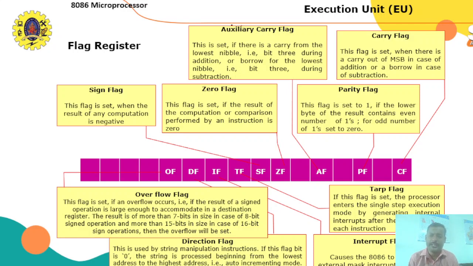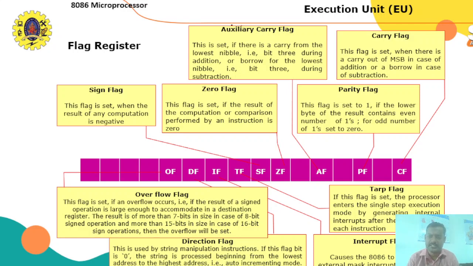How is it predicted? If you take the data bits D0 to D15, we consider the carry from D14 to D15 and from D15 to D16. If both have a carry, there is no overflow. Or when there is no carry in both cases, D14 to D15 and D15 to D16, there is also no overflow.